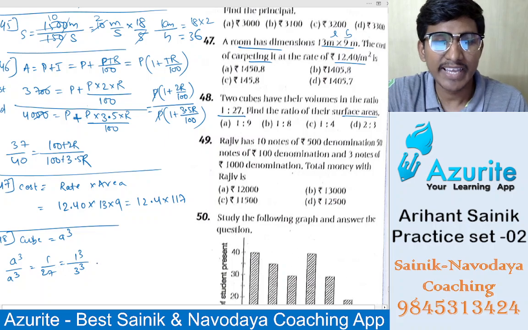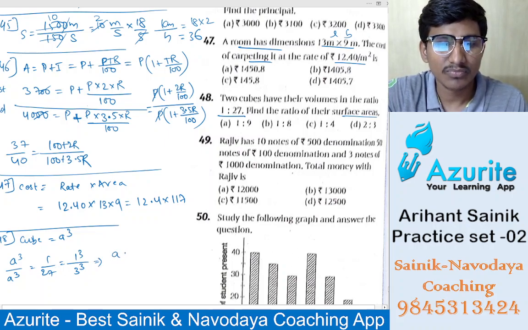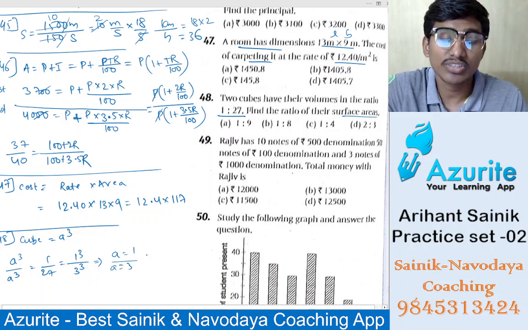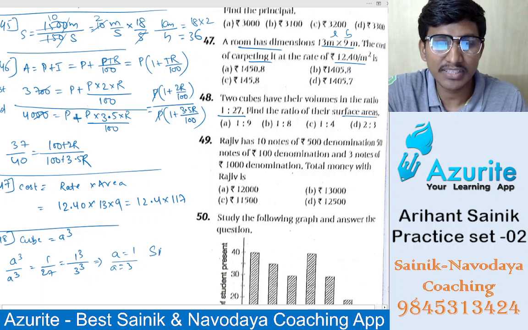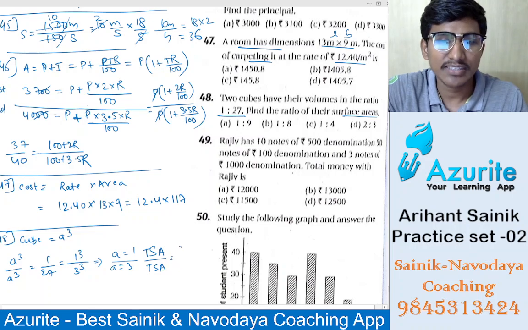So here a is how much? That is here 1 and here 3. So how do we find surface area? Total surface area, TSA. So TSA divided by TSA, that is 6a square by 6a square. So 6 cancels.